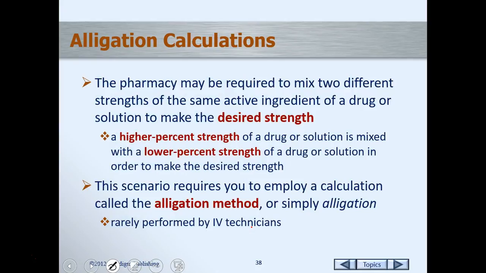The pharmacy also may use alligation calculations if we're mixing 2 different strengths of the same ingredient, or if we're doing a dilution. I know that you learn dilutions as a separate calculation, but dilutions can also be solved using an alligation, where your bottom concentration is 0 because you're using water or some other base that doesn't have any active ingredient in it.